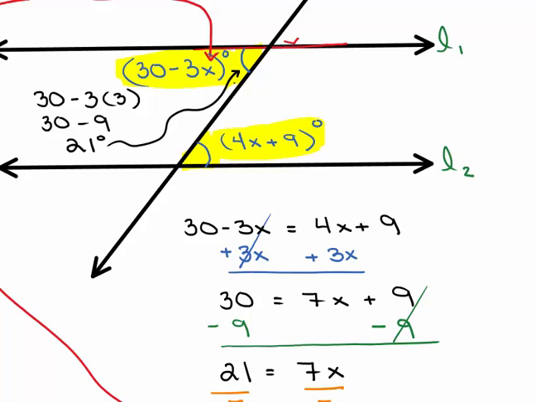And the other angle measurement would have to be the same since they are alternate interior, but just to check it, we can always substitute right here the 3 for x. We're going to get 12 plus 9, and that's going to give me 21 degrees. So yes, this angle measurement is also 21 degrees, so it checks out. So yes, works.